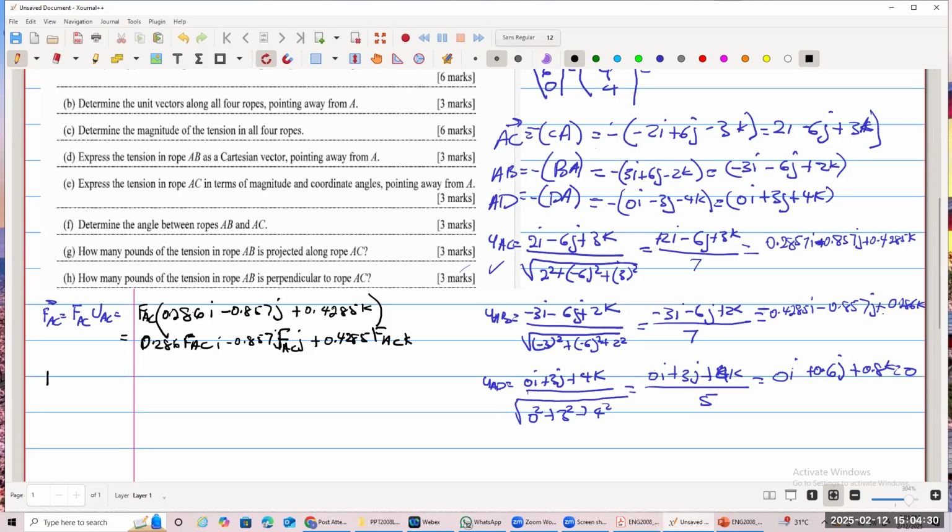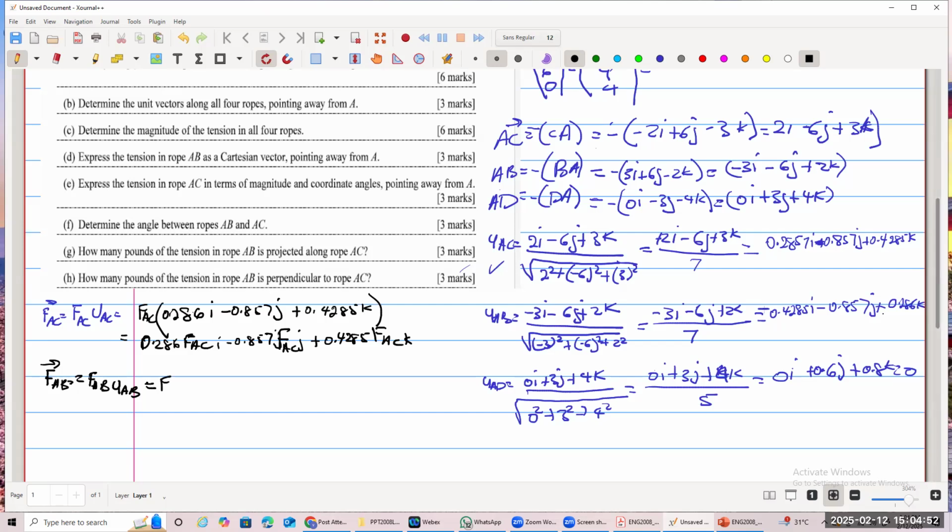The next one now is FAB, which is the Cartesian vector, a scalar value FAB times the unit vector of AB. So you write the unit vector and multiply it out now.